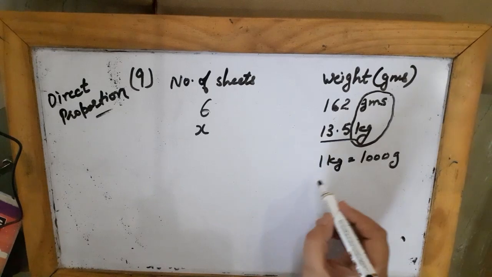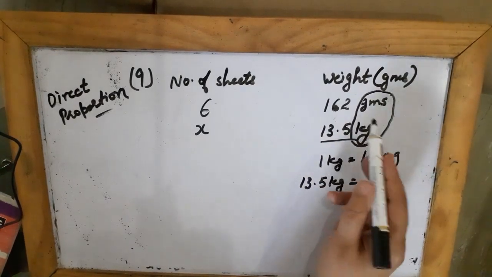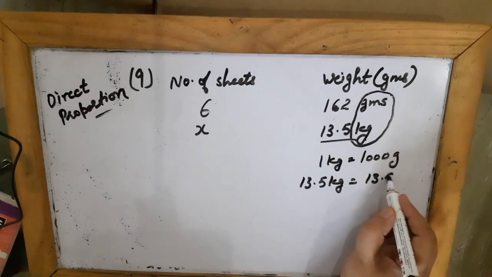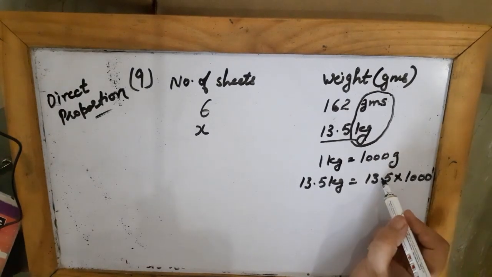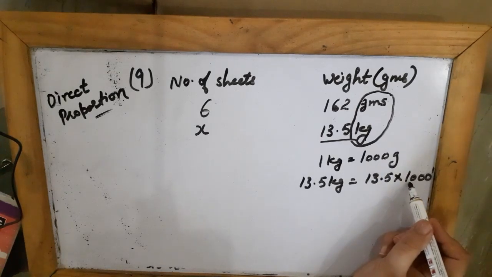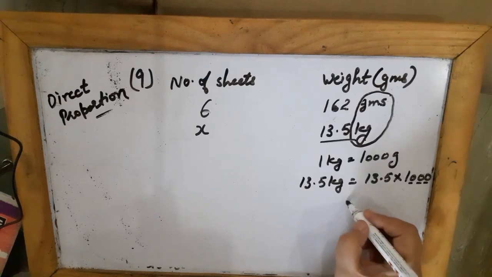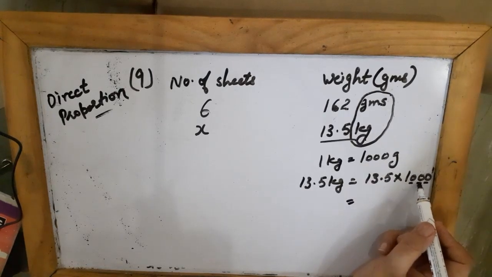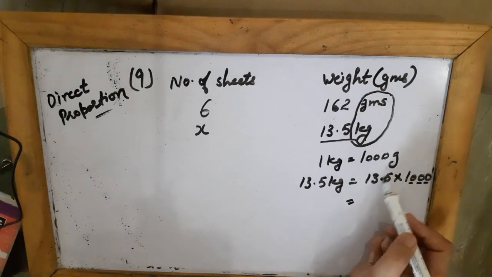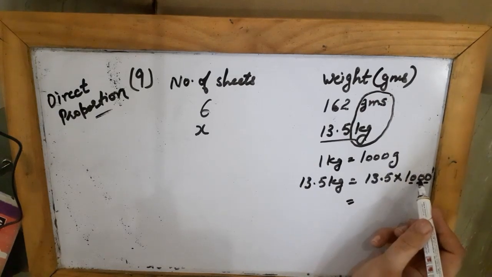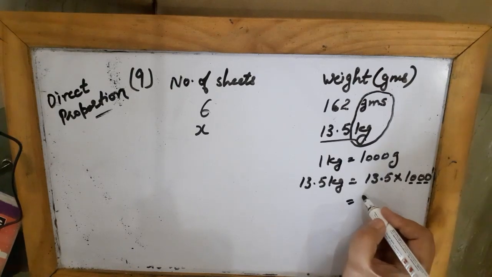So this 13.5 kg, if I have to convert into gram, I will multiply with 1000, right? And when we multiply any decimal number with 1000, 10, 100, what will the answer be? जितने भी zeros हैं, this decimal point will shift the same places forward. Like 3 zeros are there, so this decimal will shift 3 places forward.